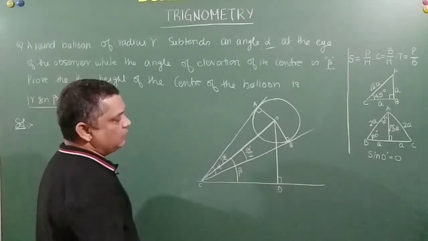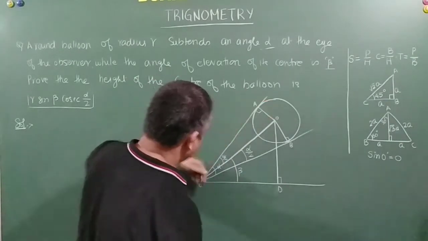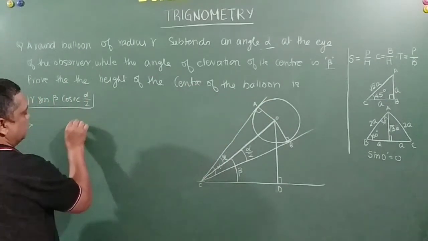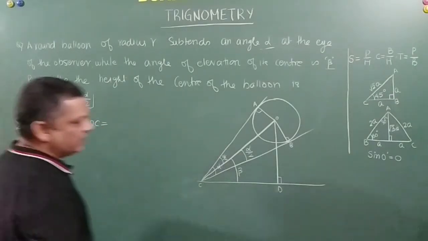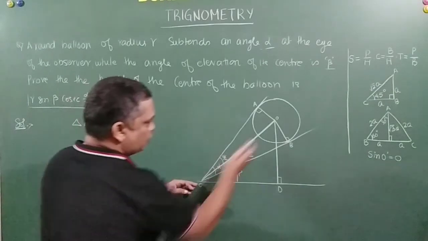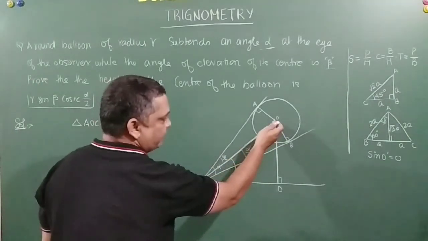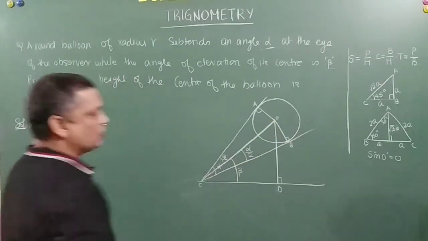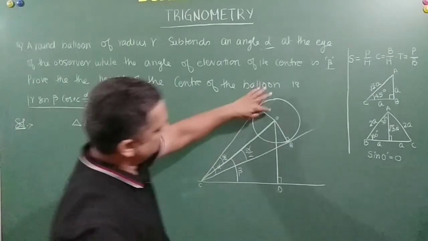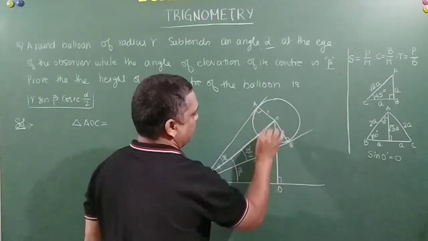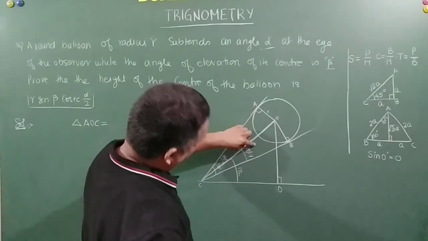Right? Now let us do one thing friends. Let us try considering triangle AOC. What we will try is to finalize it on OC. So OC is what in this case? This is the angle, opposite is the perpendicular, this is P, and this is the hypotenuse, right?